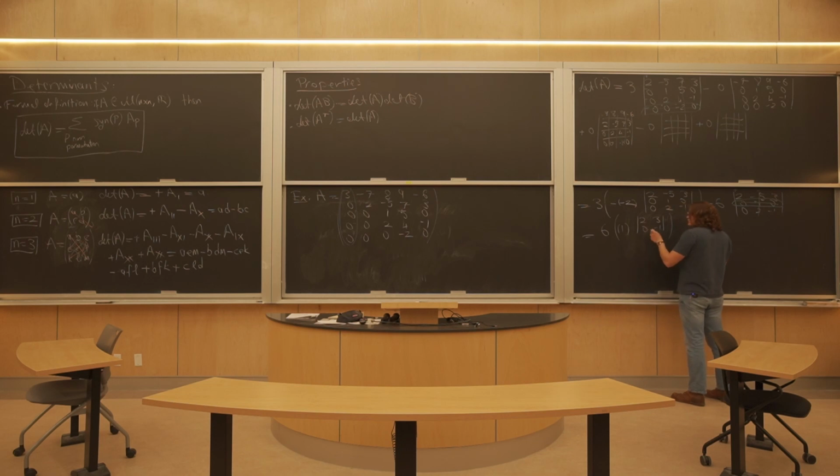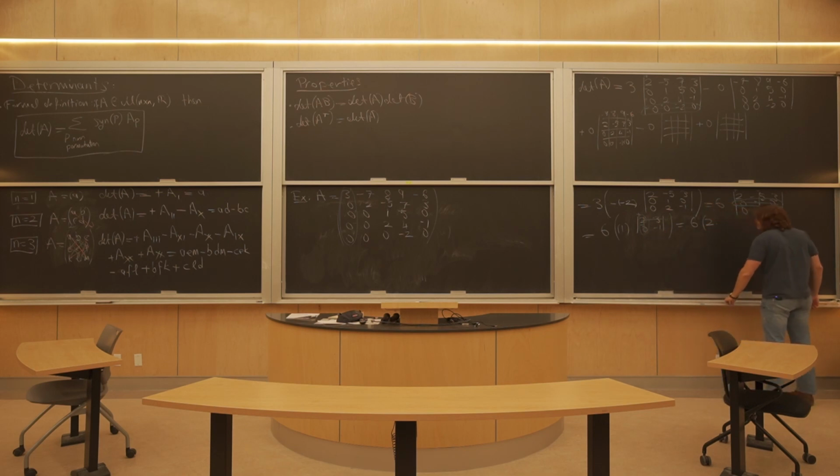So let me say, for instance, I choose this column. Same idea, plus, minus. The only non-zero entry here is 2, so I'm going to pick out the 2. 6 times 2 times. So when I pick 2, I get rid of the row and the column. That gives me minus 1 times minus 1.